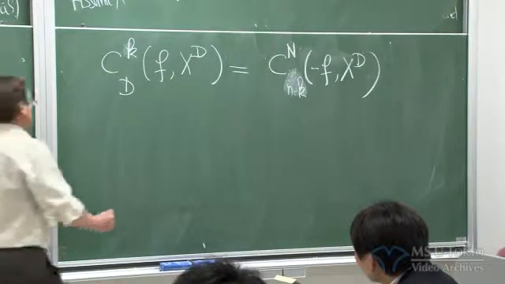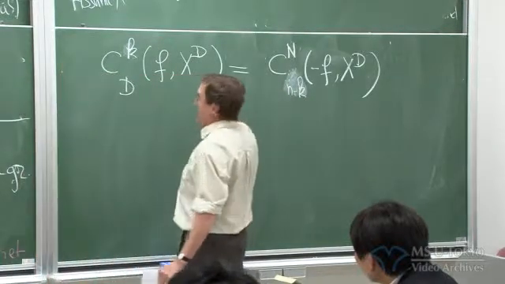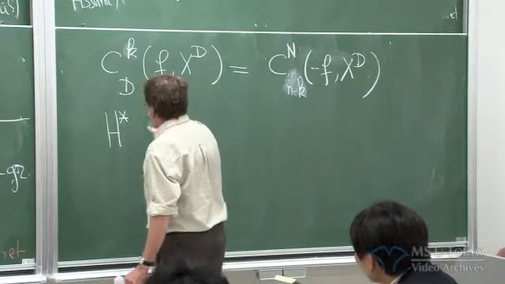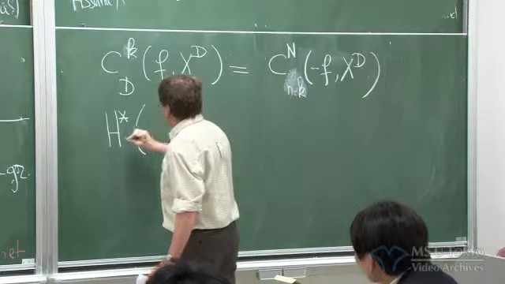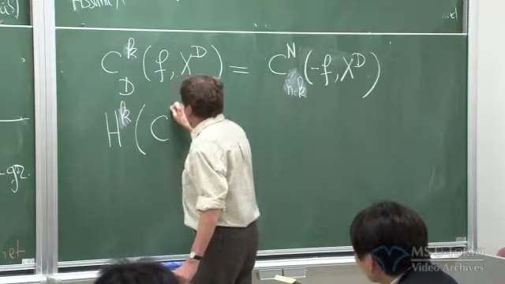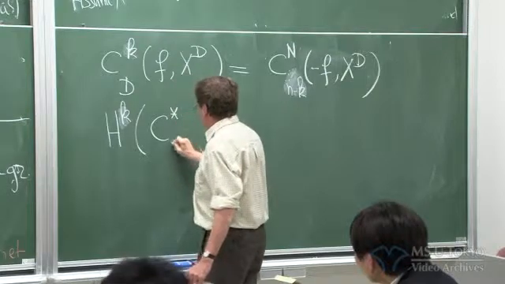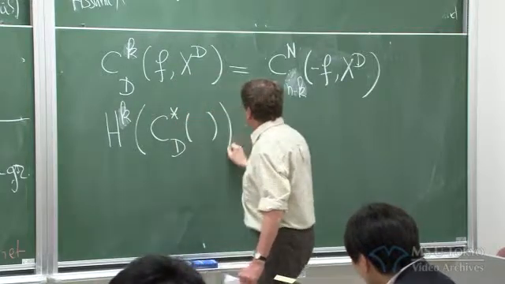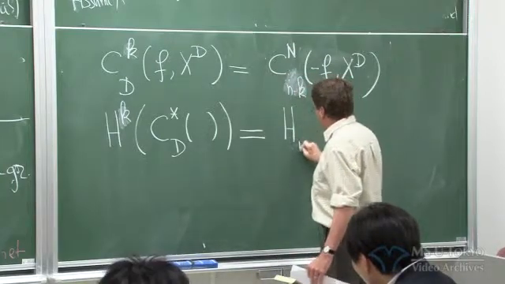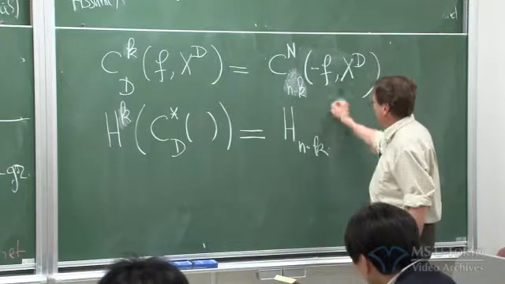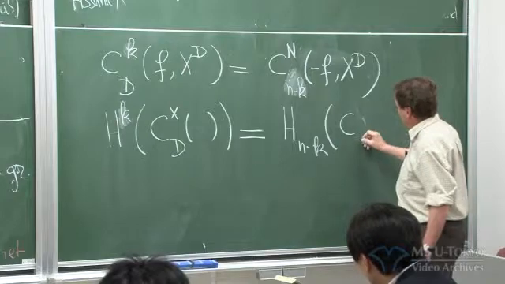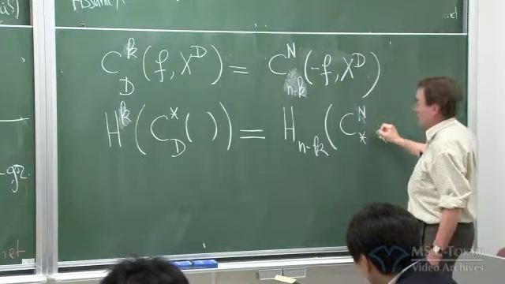And by construction, the cohomology H^k of this cochain complex is exactly the homology in degree n minus k of the chain complex of type Neumann.